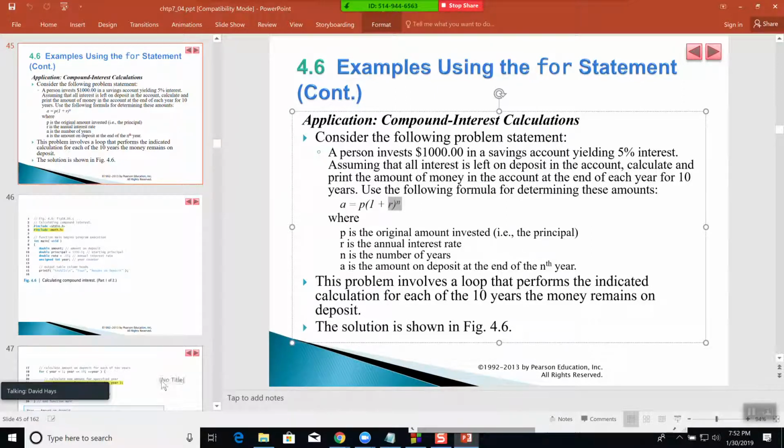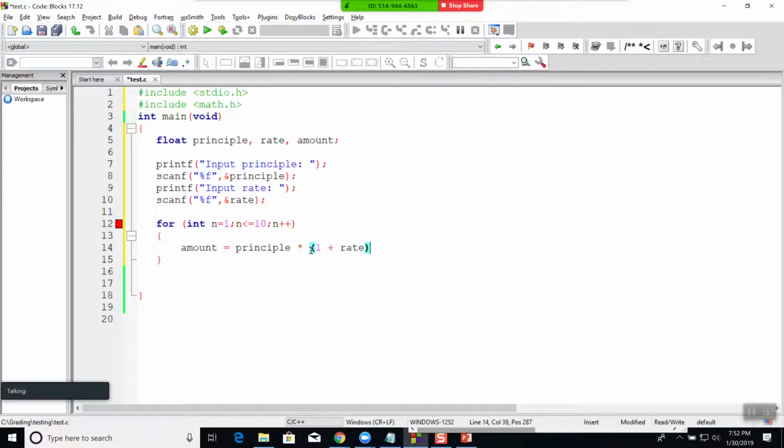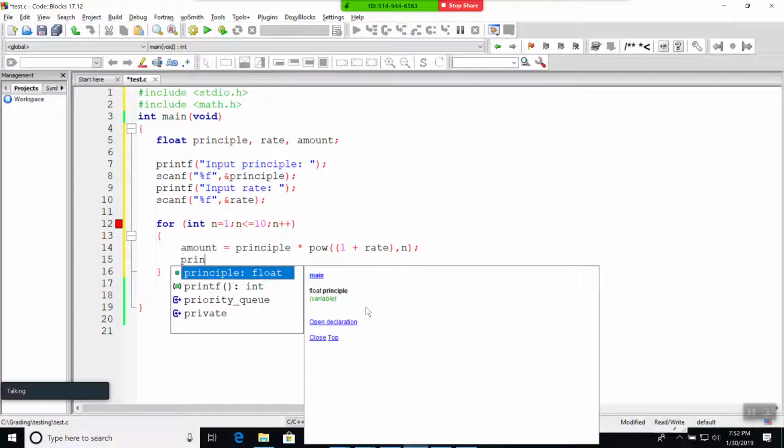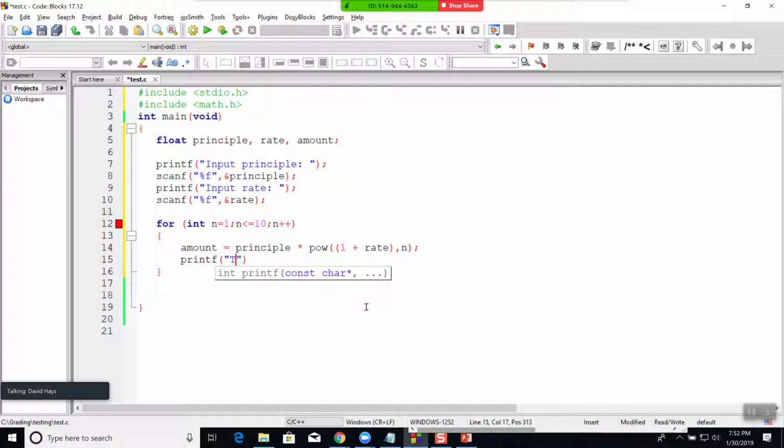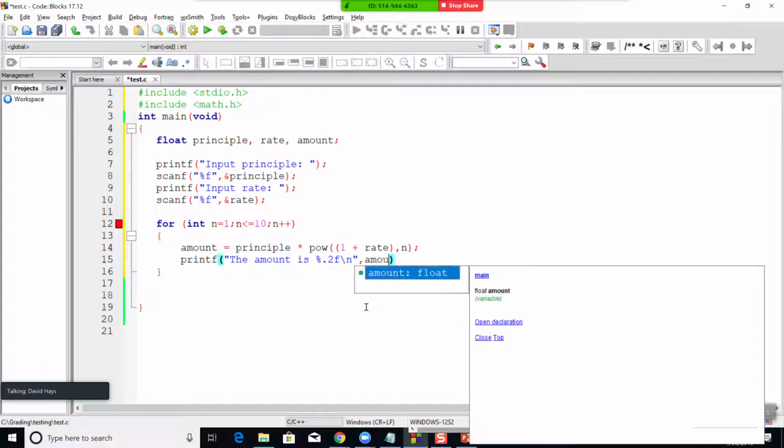There's a pow function, and I may not get this right the first time. pow of 1 plus rate, comma, n. And then I'll print the amount is percent dot 2f slash n, amount.